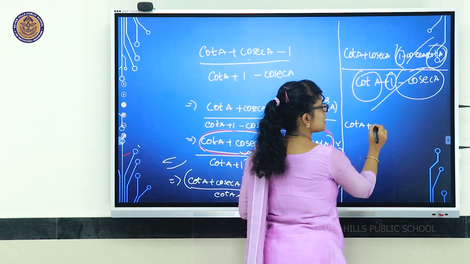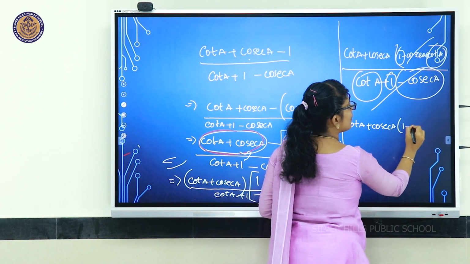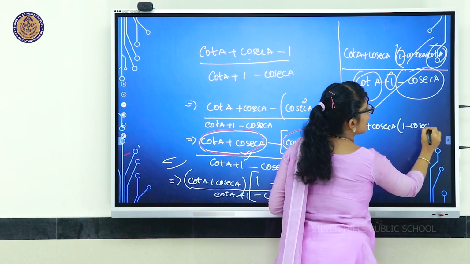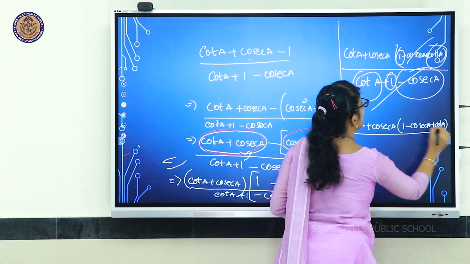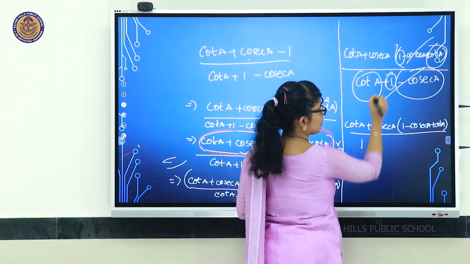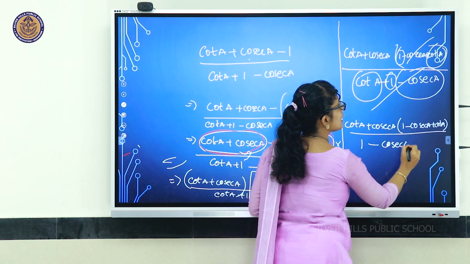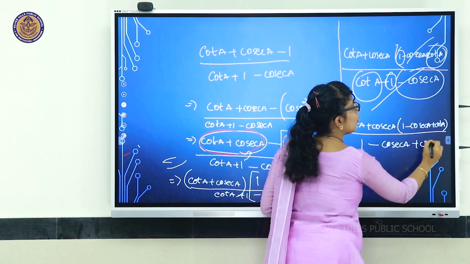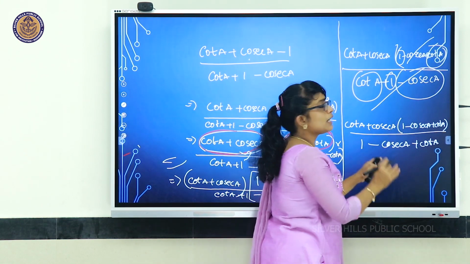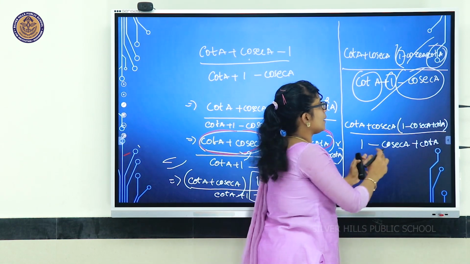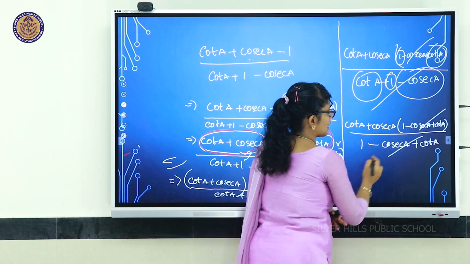Cot A plus cosec A into 1 minus cosec A plus cot A divided by 1 minus cosec A plus cot A. Now both terms are same, there is no change, so we can cancel.